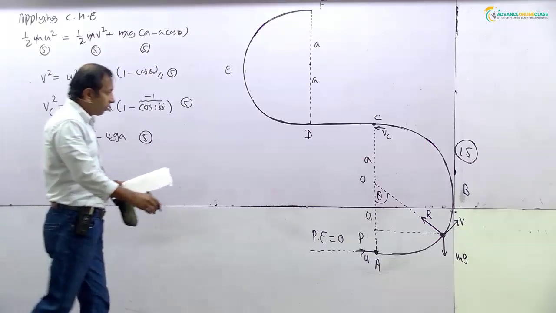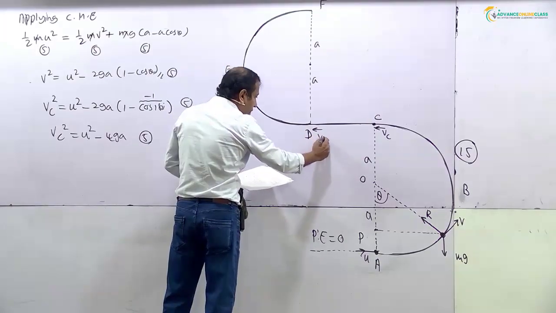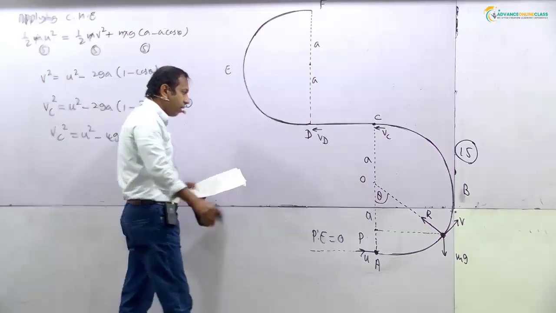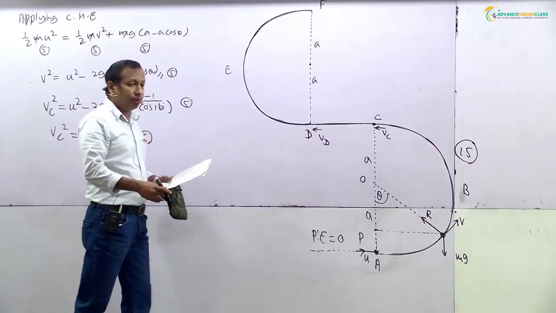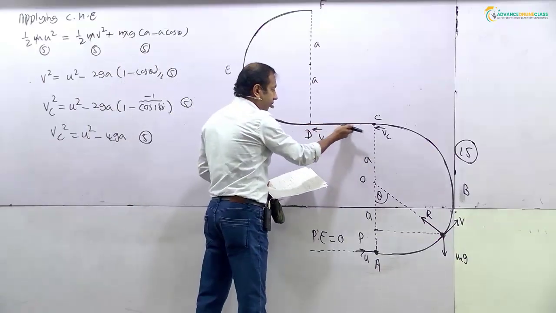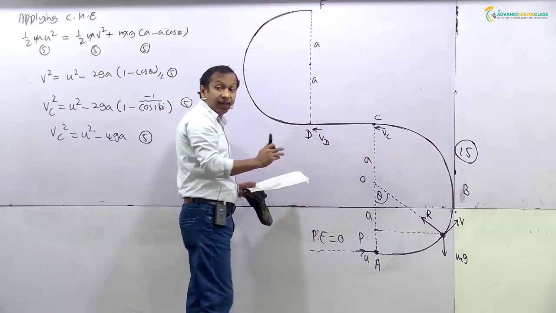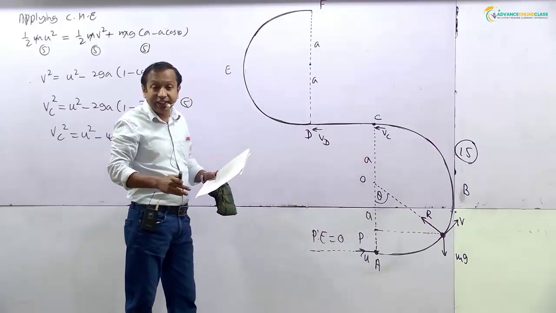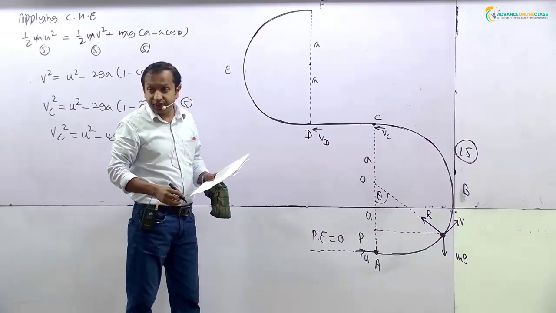Okay, once the particle reaches the point D, we'll take its velocity as VD. Right. You know, this is rough. Then once the particle moves from here to here, against the friction, it should spend certain energy. Understand?